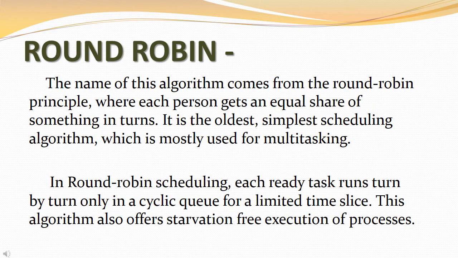In round robin scheduling, each ready task runs turn by turn only in a cyclic queue for a limited time slice, which is known as quantum. This algorithm also offers starvation free execution of processes.